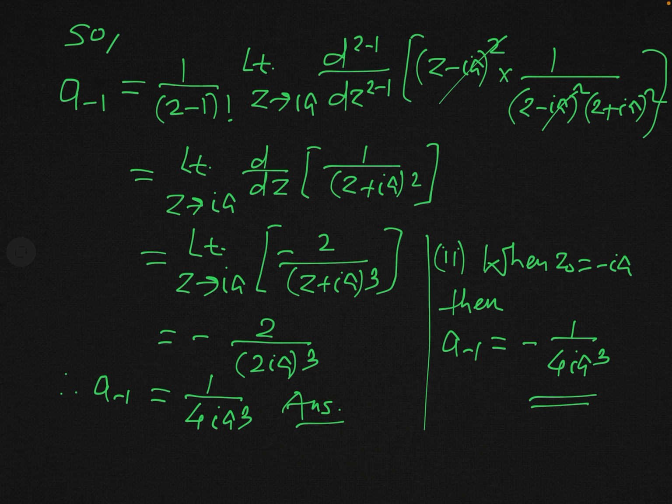After simplification we will get the residue of this function at its pole z equal to ia.